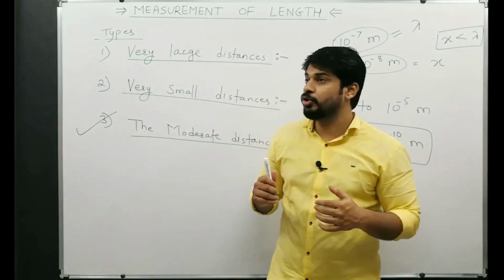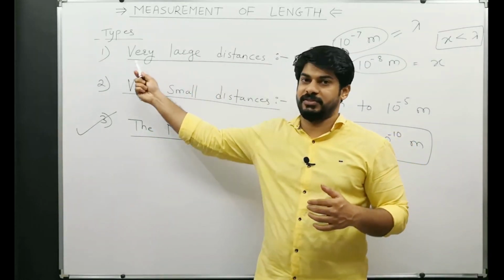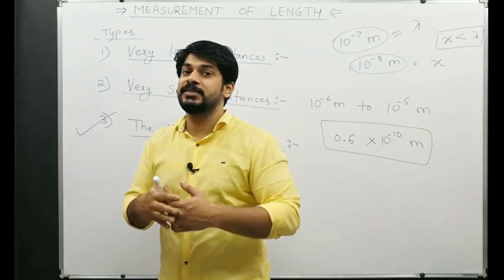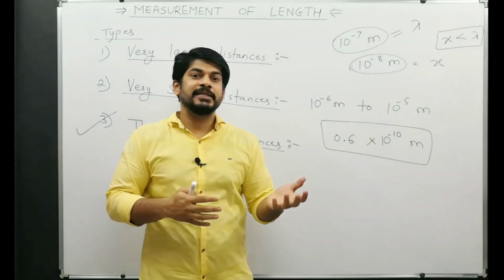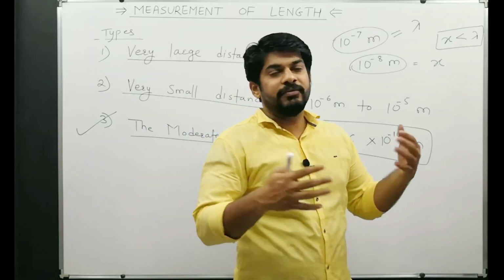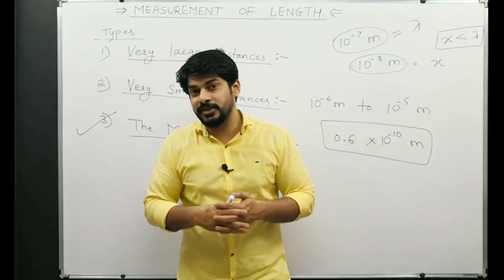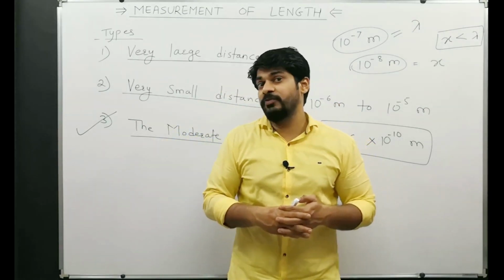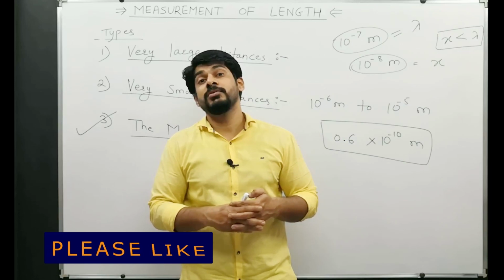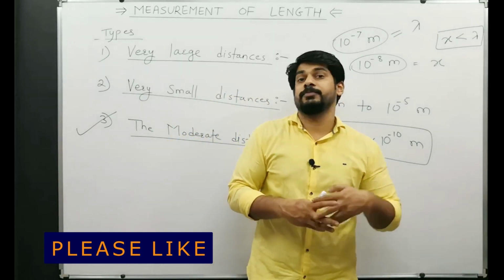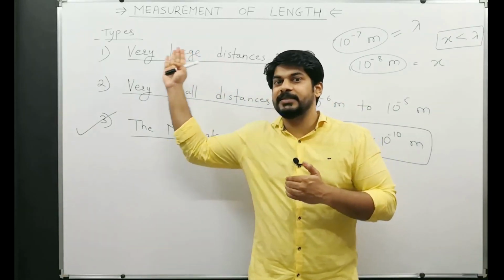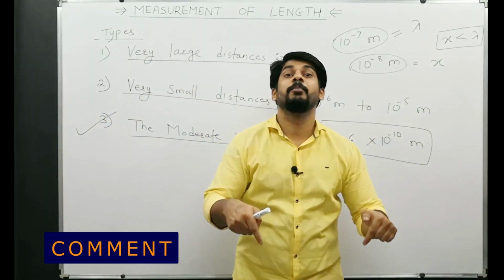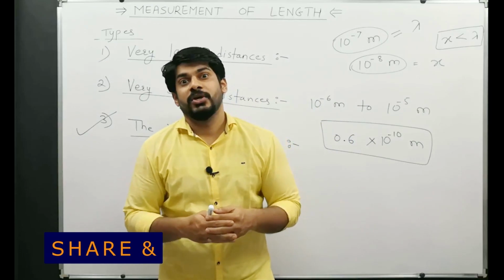People in astronomy are concerned with very large distances, like what the distances are between the stars and the galaxies. They are actually finding this out, looking for these distances, and using these instruments and methods.